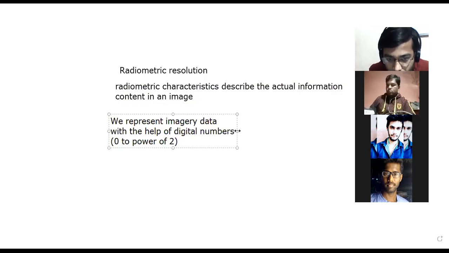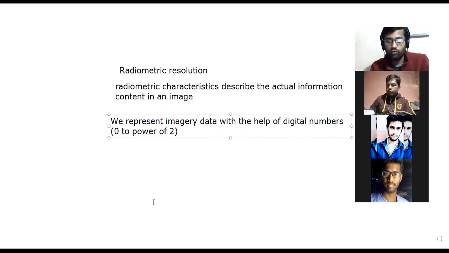The power of 2 depends on how many bits you are using in your image.